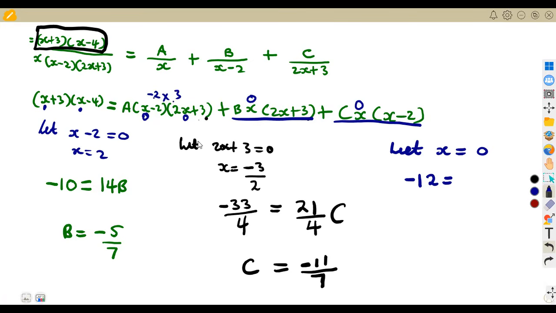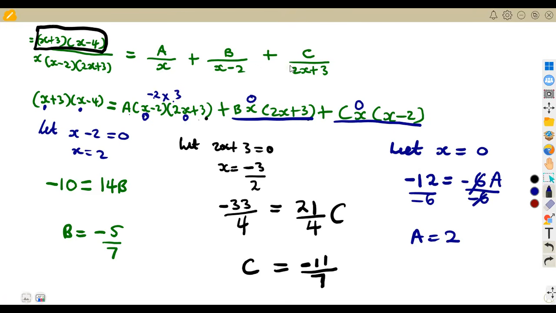So minus 2 times 3 is minus 6, so it is going to be minus 6 times A. To find the value of A, we divide by negative 6. So our A is going to be equal to a positive 2.